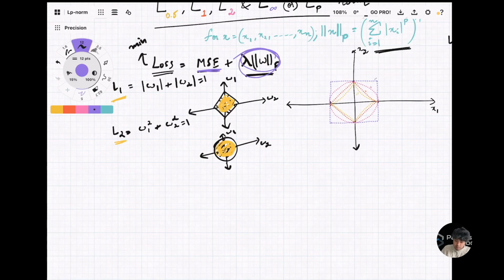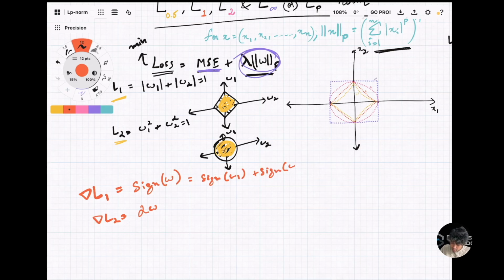Okay, let's also check out one thing before we go further. Now, the gradient of L1 would be sign of W, and the gradient of L2 would be 2W, right? The reason is, in our case, it is sign of W1 plus sign of W2.